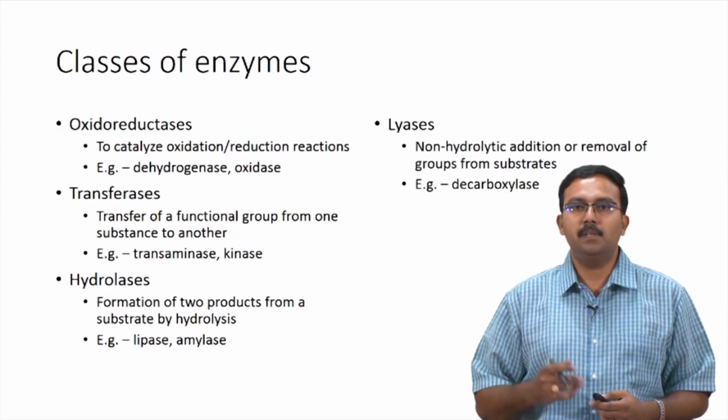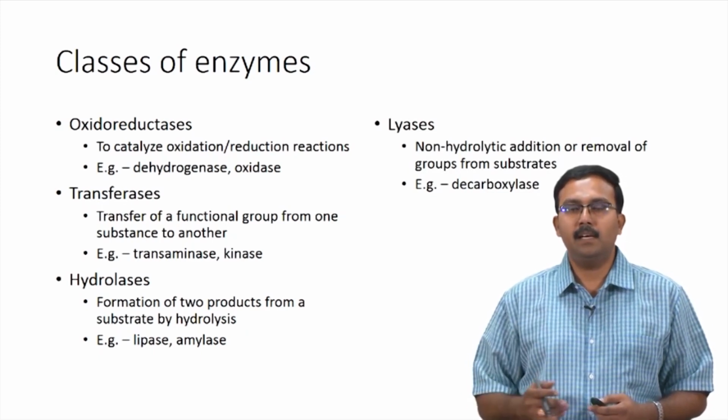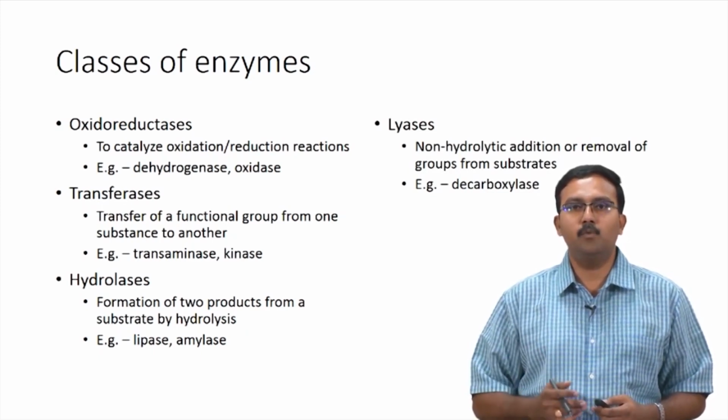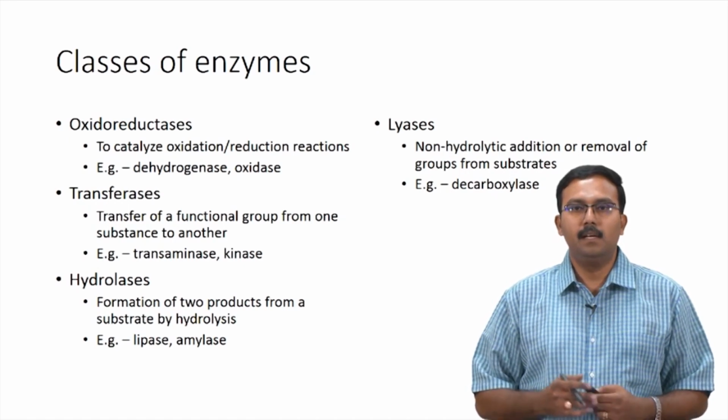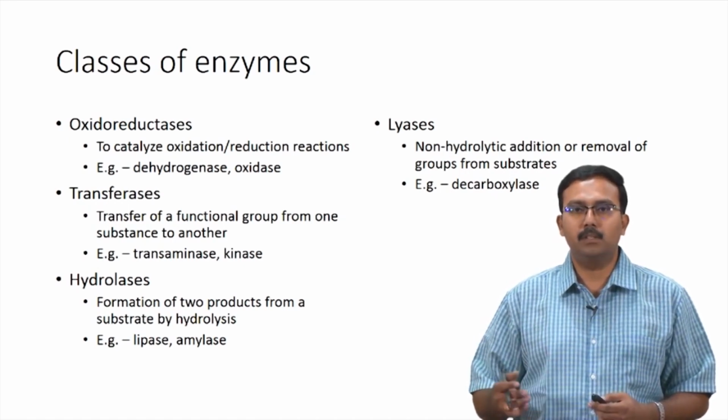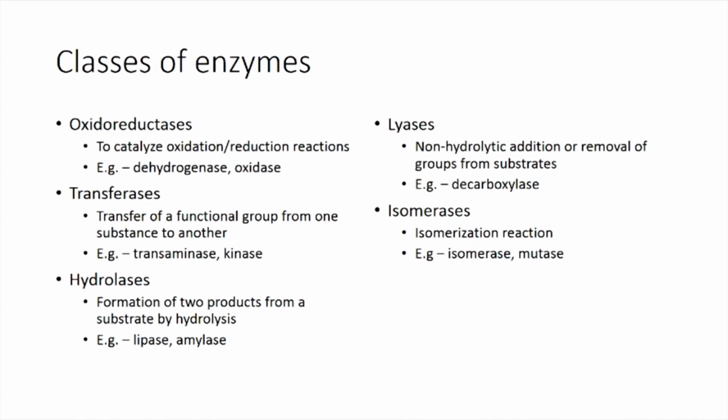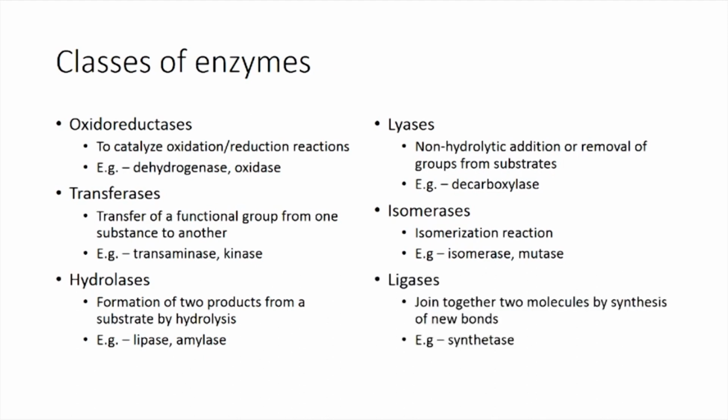Lyases are enzymes which catalyze non-hydrolytic additions or removal of groups from a substrate. An example would be decarboxylase. You have isomerases which catalyze the isomerization reaction. Isomerase and mutase are examples, and you have ligases which catalyze reactions which join two molecules by formation of new bonds to form a final product. An example would be a synthetase.